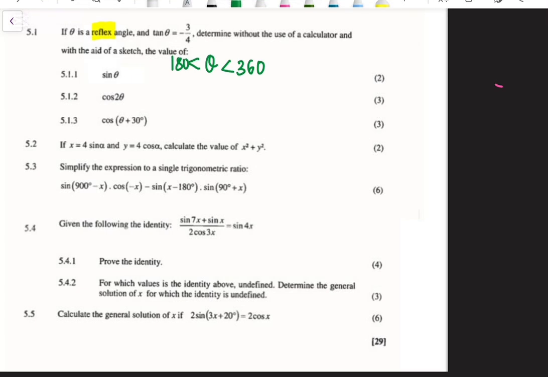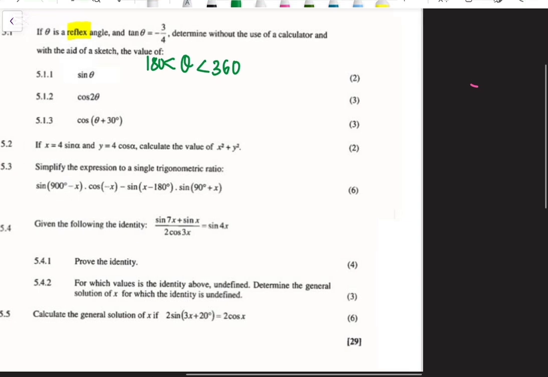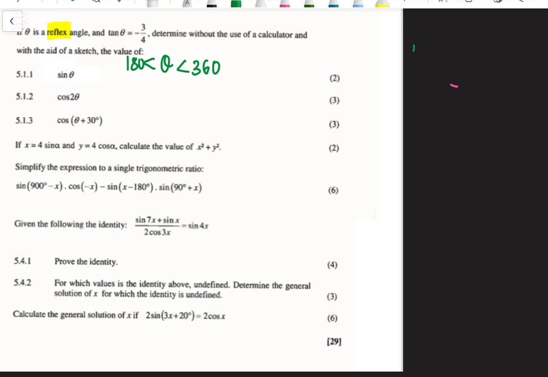So now let's start with the sketch. We can see that tangent is negative, and we know that tan is negative in the second quadrant as well as the fourth quadrant.